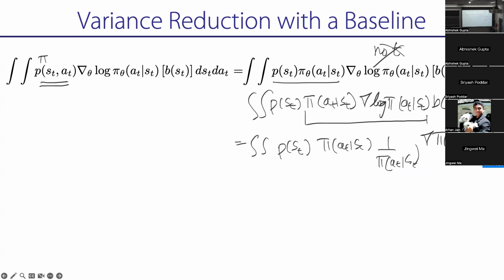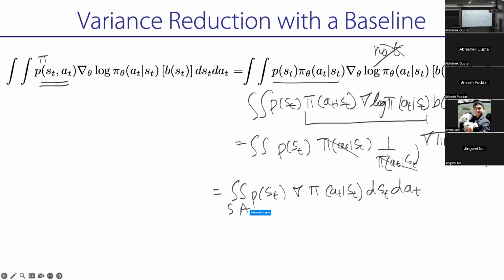All I did is use the definition of the gradient of log, same chain rule as before. Now I can cancel these out. So I can rewrite this objective as P of st times grad pi at given st, dst dat. All I did is reuse chain rule to go from grad log pi to 1 over pi times grad pi.